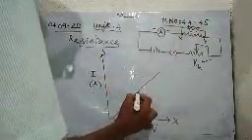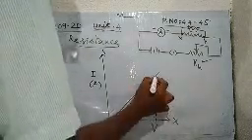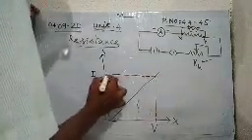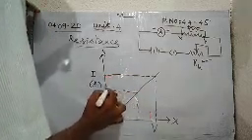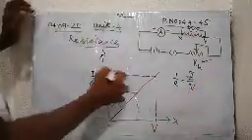Then if we find out the slope of the plot at any point, then that slope will be equal to 1 by R. 1 by R is equal to I divided by V, where I by V is the slope.